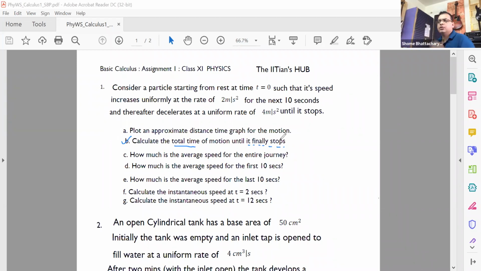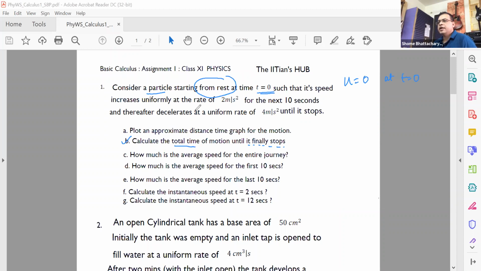So actually this is not calculus, this is use of a kinematics concept that we know. So what is happening is that a particle is starting from rest at time t equal to 0. So that means we'll take the initial velocity as 0 at t equal to 0.